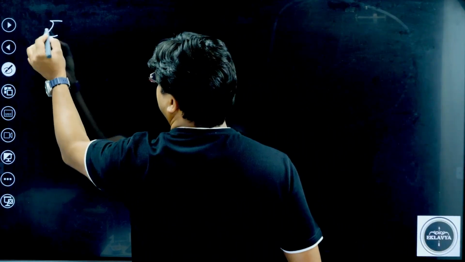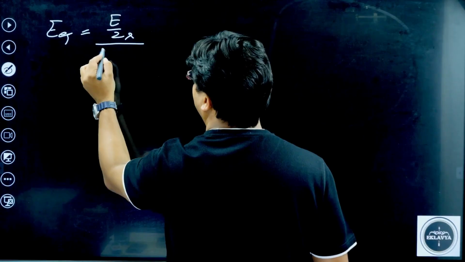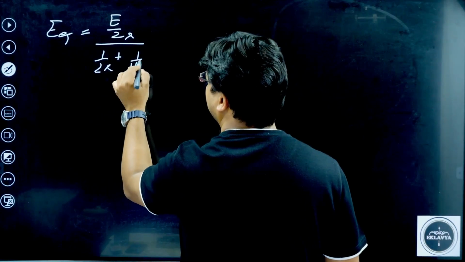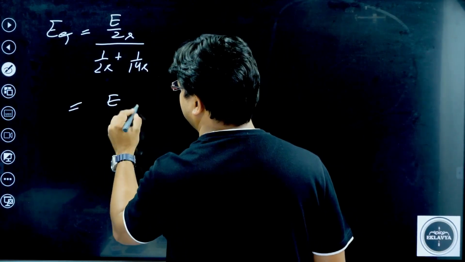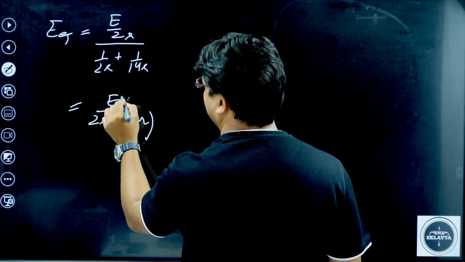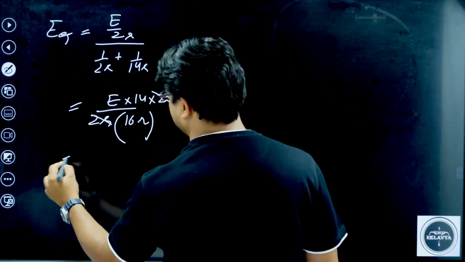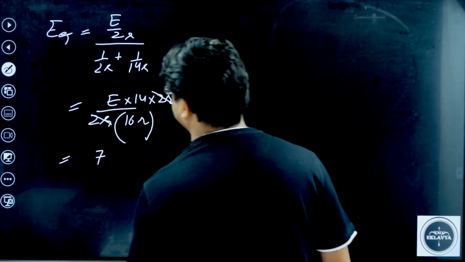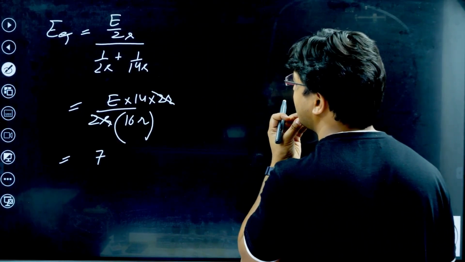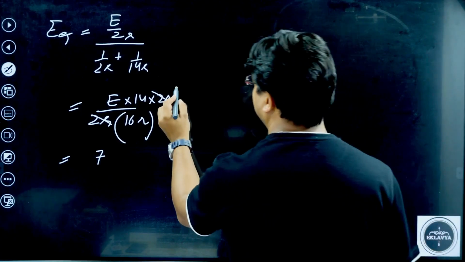Let me do it here. It was E by 2R upon 1 by 2R plus 1 by 14R. So it becomes E upon 2R, and then 14 plus 2 is 16R into 14 into 2R. 2R gets cancelled, so this would be R square.